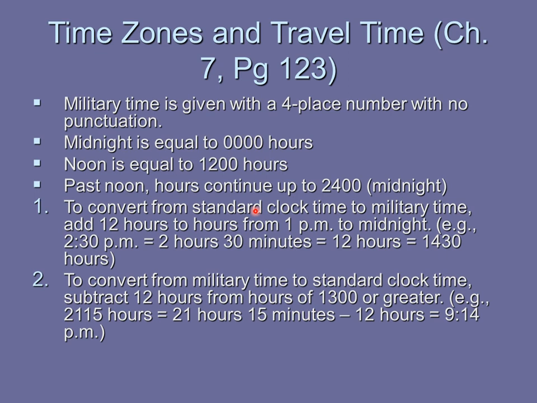After noon you just add 100 for every hour. So 1200 is noon. 1 o'clock means what? 1300. 2 o'clock means 1400. 3 o'clock 1500. You will go all the way to 2300, which is 11 p.m. at night, and then it resets to 0000 when you hit midnight, right?